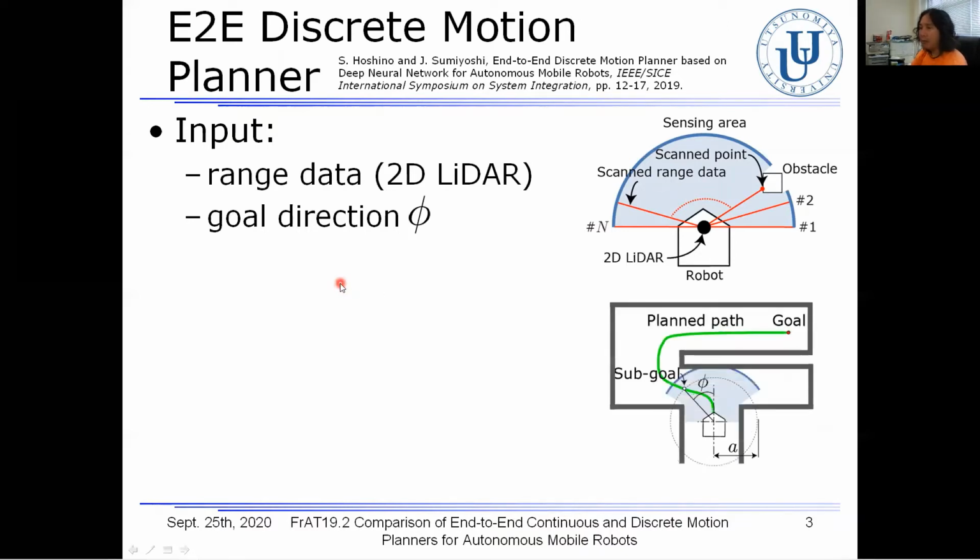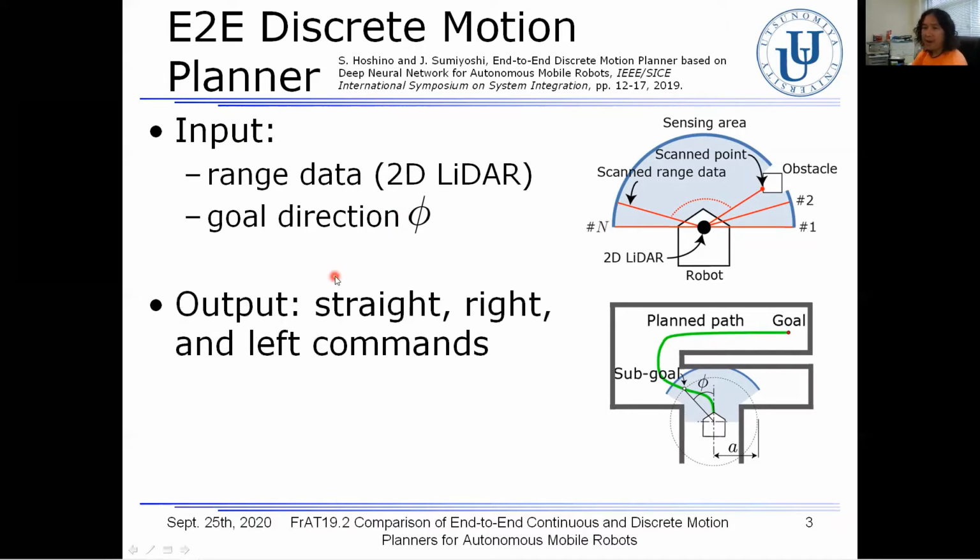The robot localizes the position and orientation in a global map of the environment. So in this map, a destination or goal, in this case, is designated by an operator. After that, the path planning from the robot toward the goal or destination is done, and a direction angle here, phi, is derived and used as the goal direction in the input, okay?